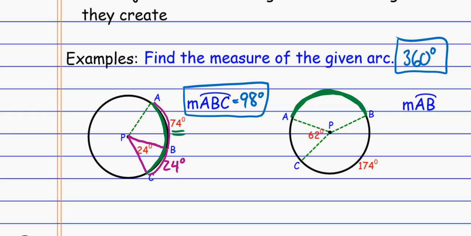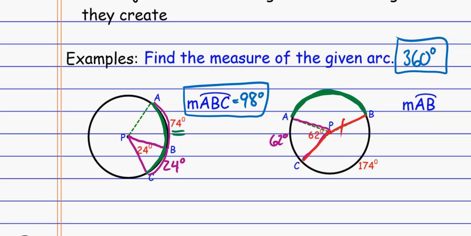When you spin something 360 degrees, that's one full rotation. So degrees in a circle is 360. Let's look at the different arcs that I have here. Right here, here's a central angle of 62 degrees, so this arc is also 62. Over here, here's a central angle of 174 degrees, but we already have that arc.